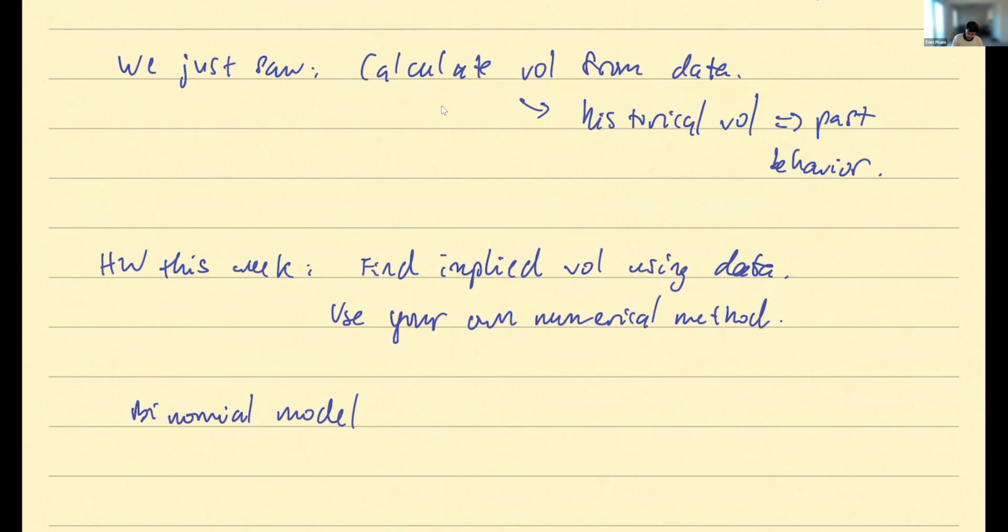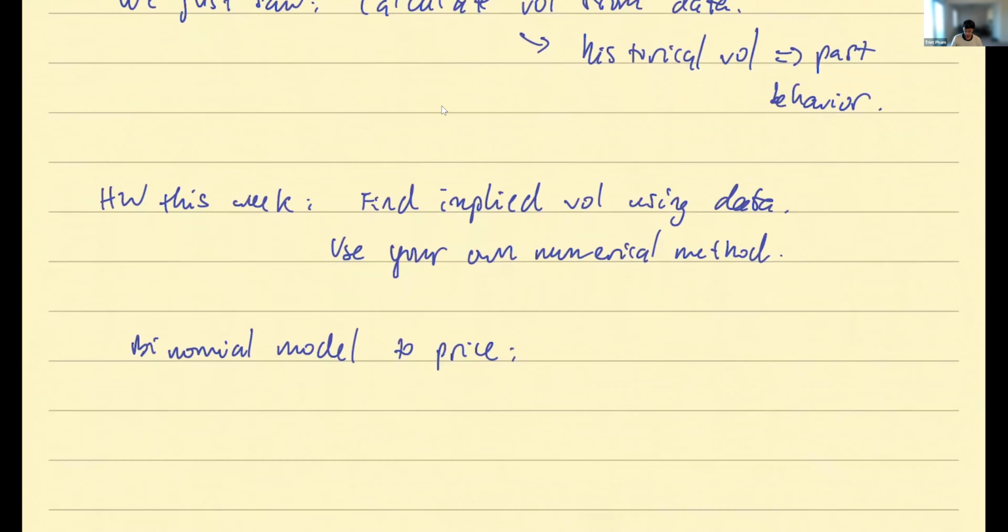So if you want to use the binomial model to price, here's a question. If you use the binomial model to price, then the price will be a function of what? S0, r, K, T, but then u and d. That will be V market. But then the goal is to find implied volatility.